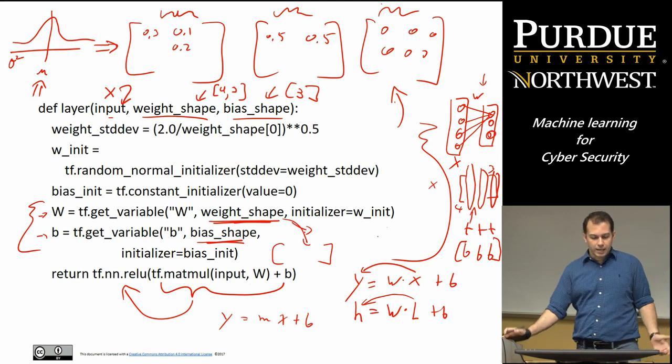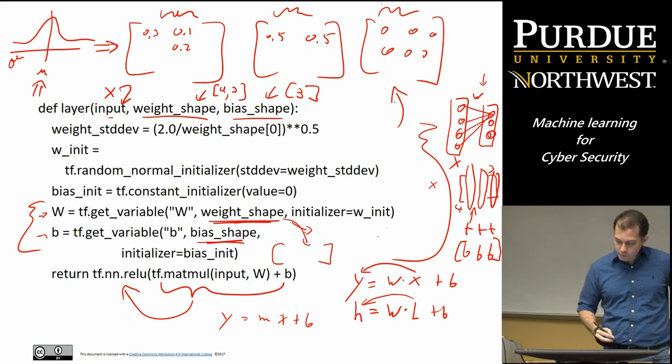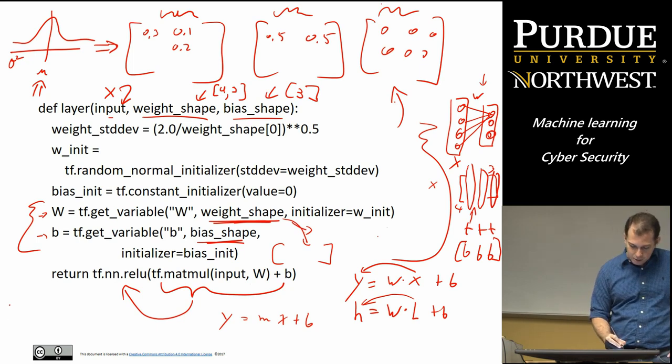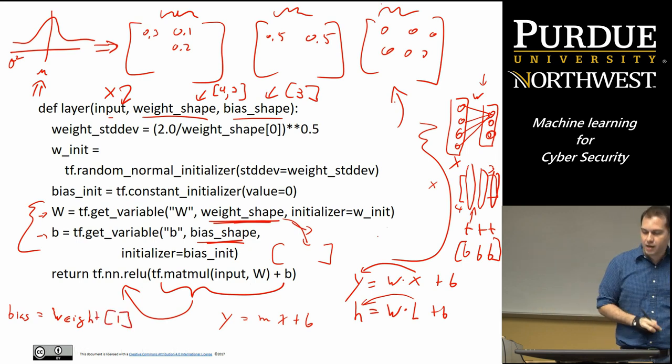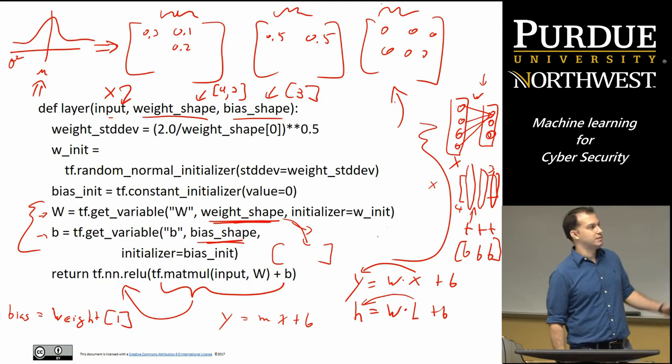So how would you write that code? It would be bias is equal to weight shape 1, right? When it's 0 and 1. So it just takes the one part of weight and assigns it to bias. Yeah, that's exactly what I was wondering.